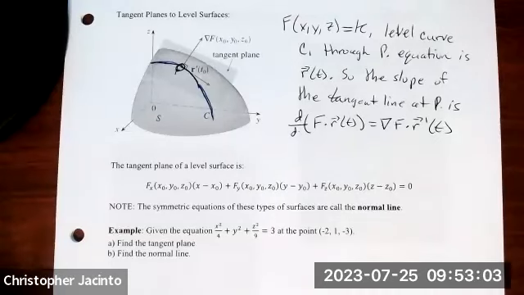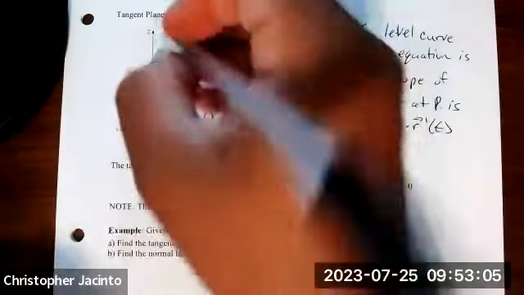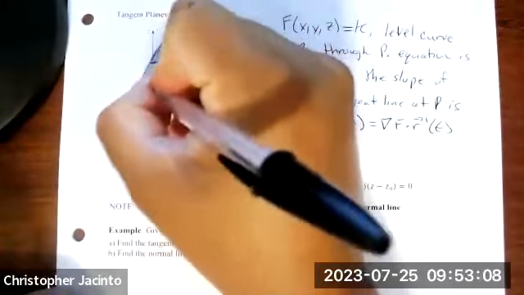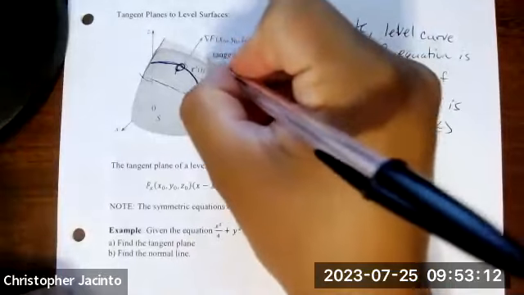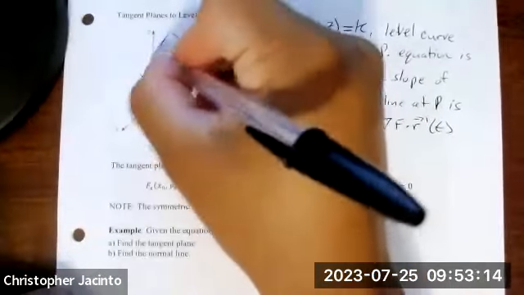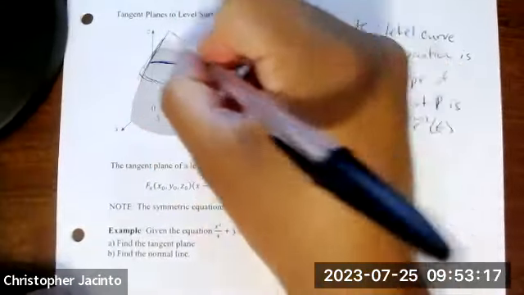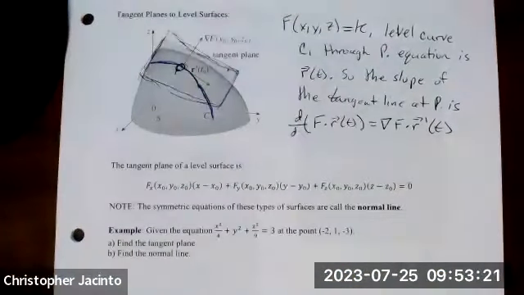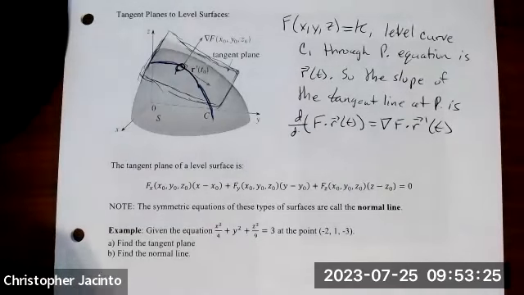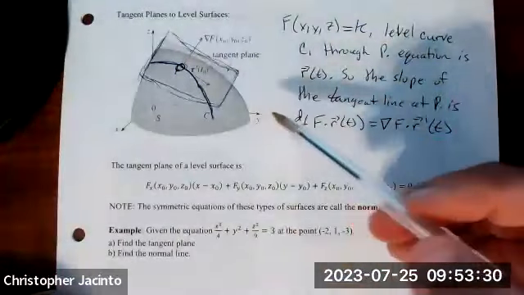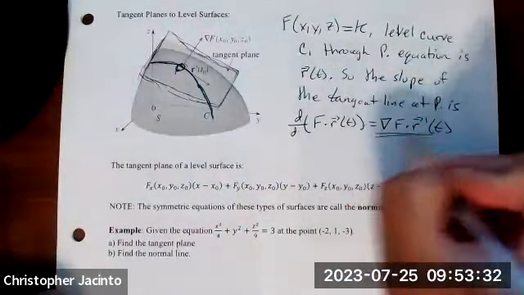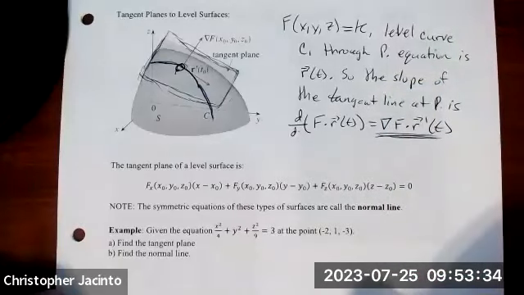Remember, this tangent plane is right here. Think of it as like a flat surface just sitting on it. So the question is, how do we find the tangent planes of all possible scenarios given any type of curve using its gradient? That's what we want to figure out.